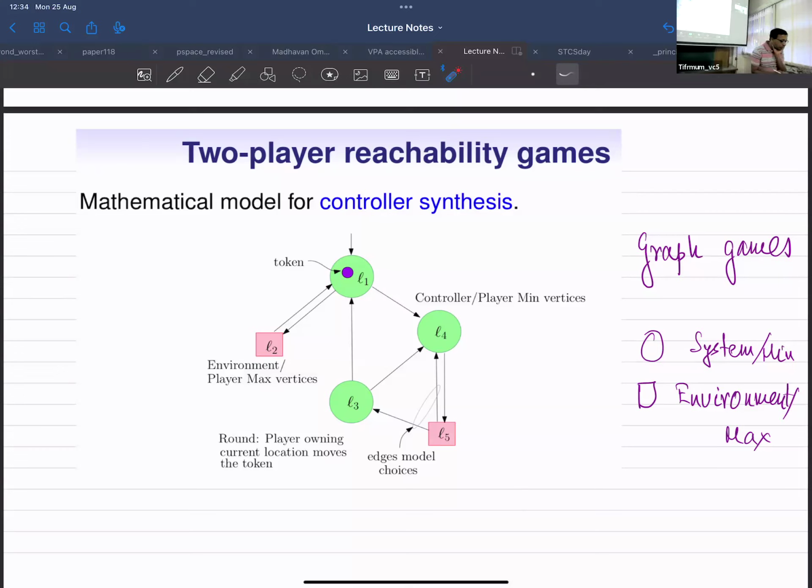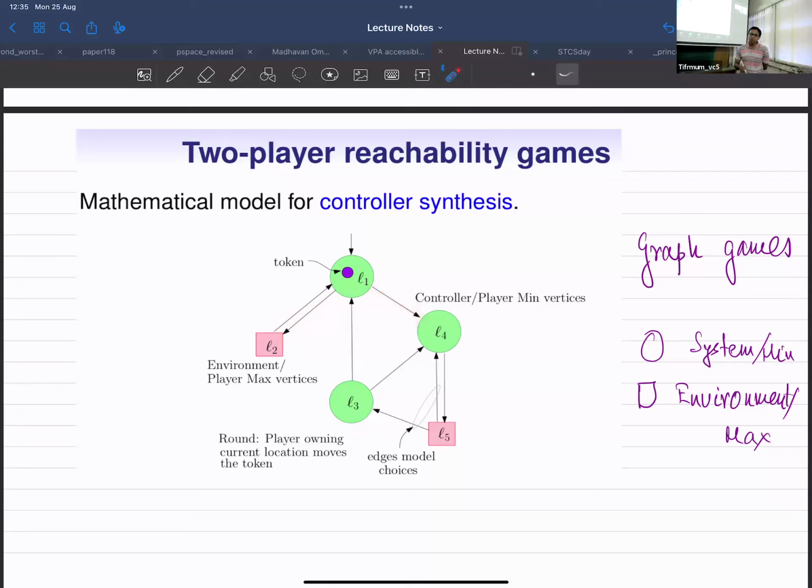Now, whenever I am in a vertex which is owned by me, I'll move the token to one of my possible choices, right? So I can either go here or I can go here. If I go here, there is no way I can hope to reach L3. So being a rational agent, I would like to go here.